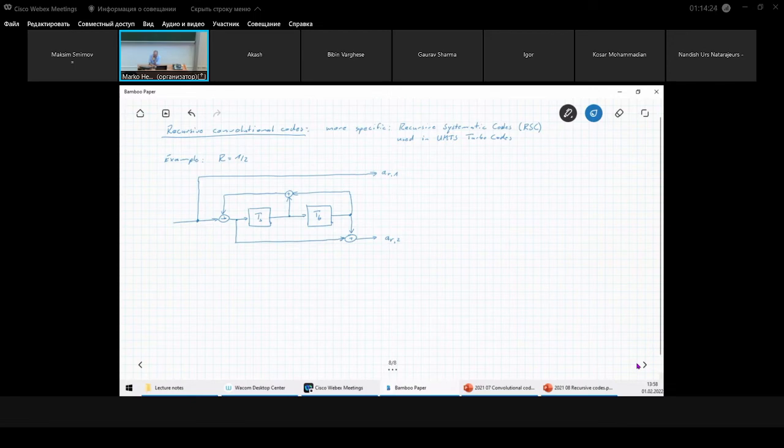Now, how does this feedback look? So which bits in the shift register are fed back to the input? Again, we will need some kind of generator describing these connections.